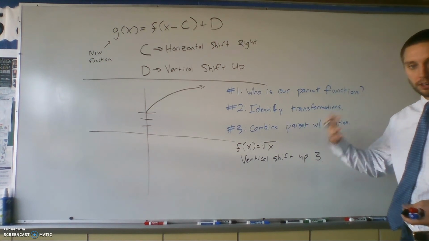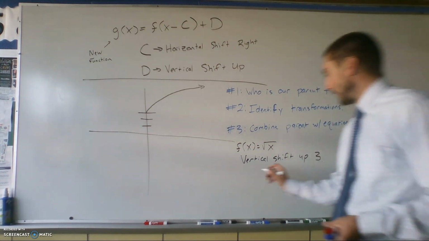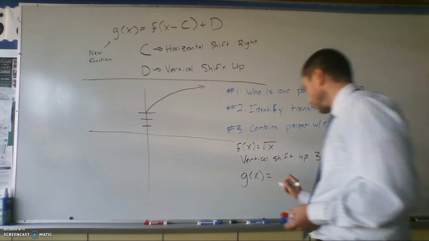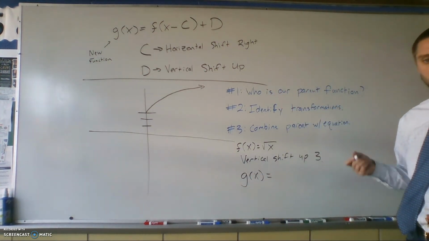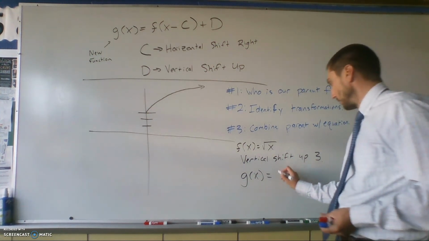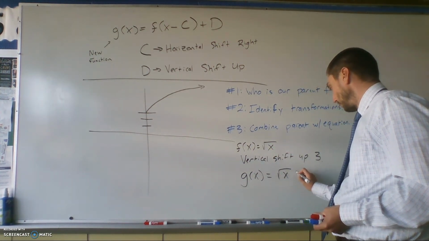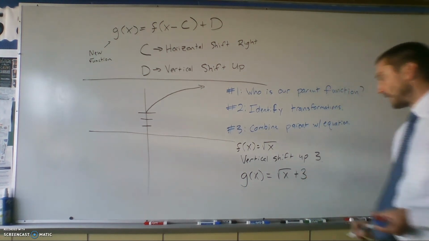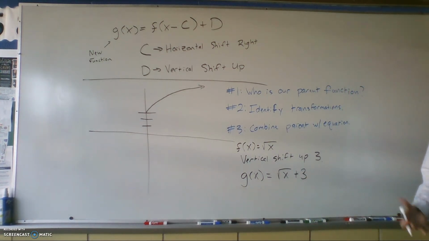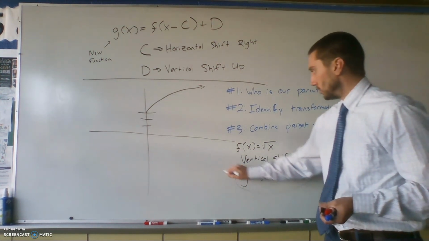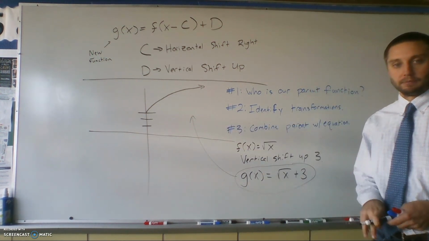Just like what we did with our x squared function, now we need to come up with our new equation. If I need to shift up 3, then we take our parent function and put the +3 on the outside, because that tells me it's a vertical shift up. So this would be my equation for that graph.